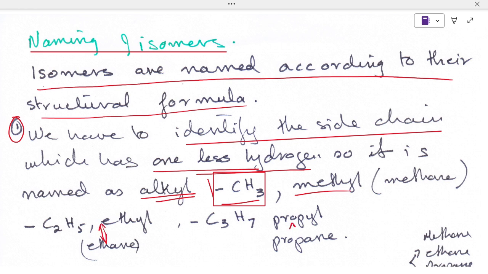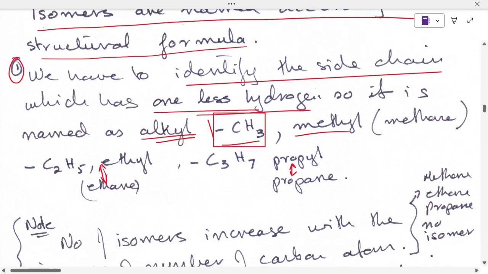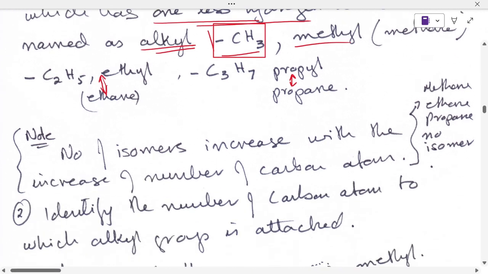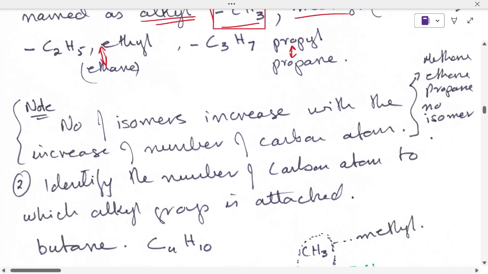You can see that it has one less hydrogen. So for that one less hydrogen, I've drawn the dash which actually shows the bond which it is going to form with the other chain. Note, the number of isomers increases with the increase in the number of carbon atoms, as I have just discussed.